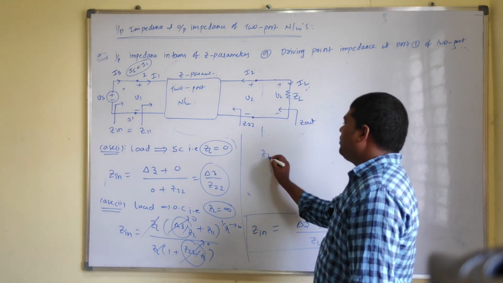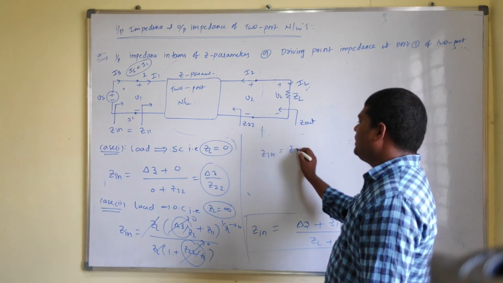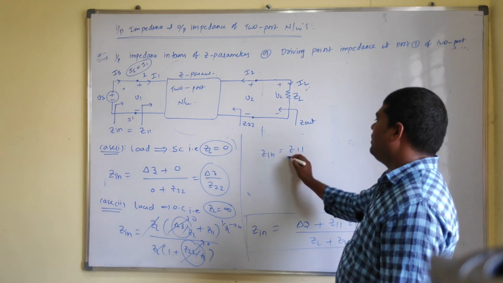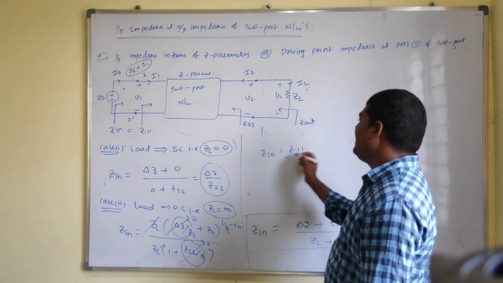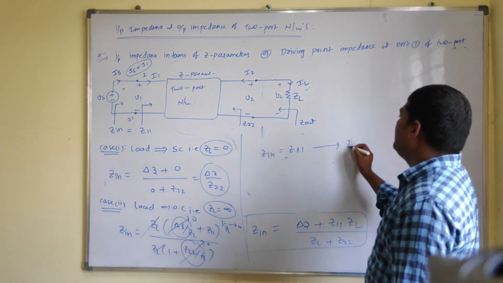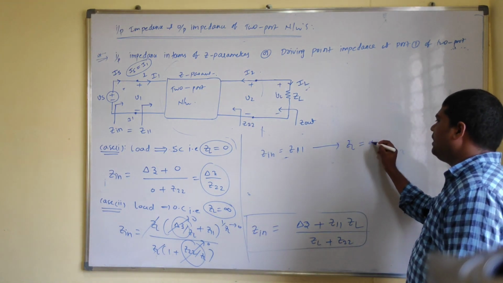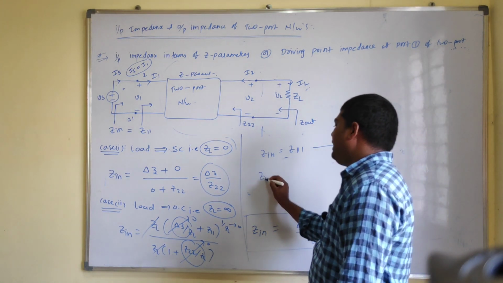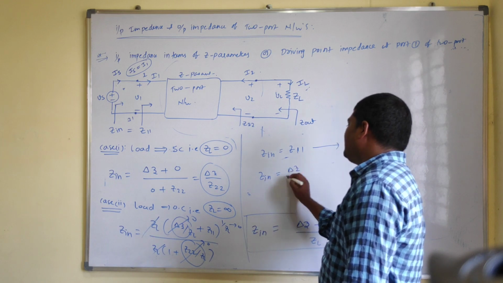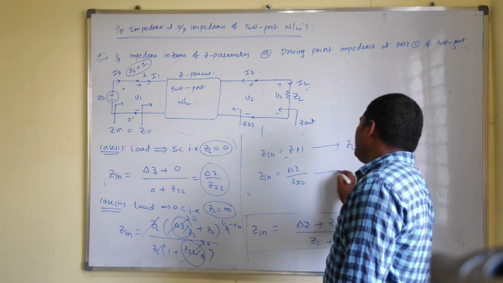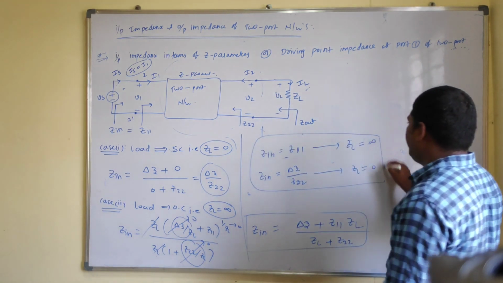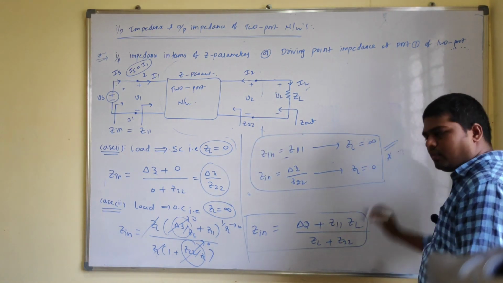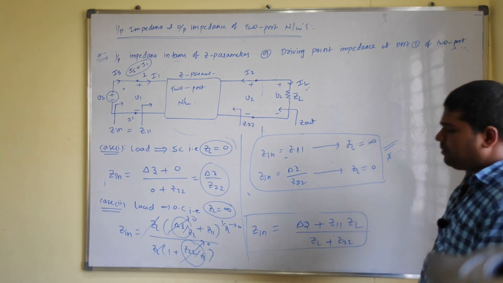Zin equals Z11 by 1. So Zin equals Z11 for ZL equals infinite, and Zin equals delta Z by Z22 for ZL equals 0. So this is very, very important.